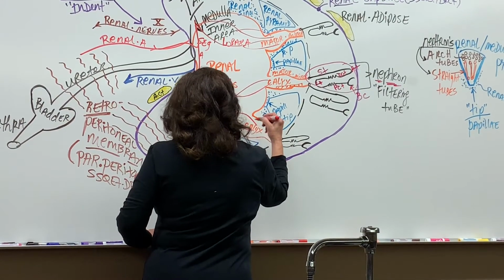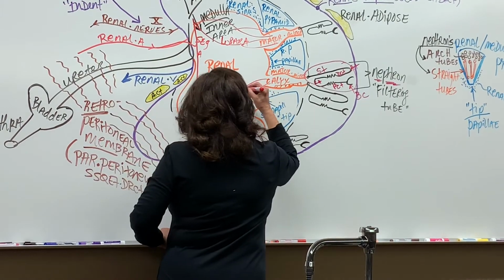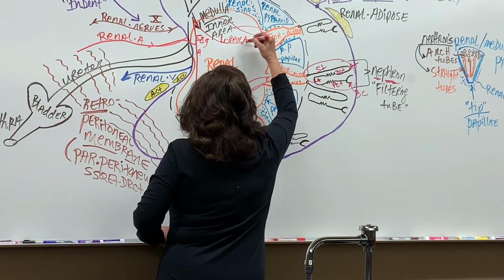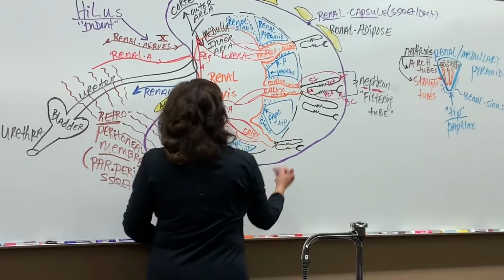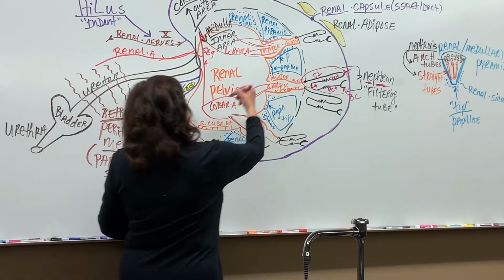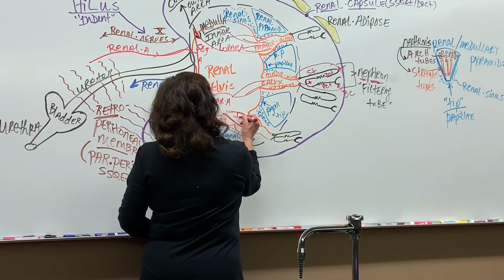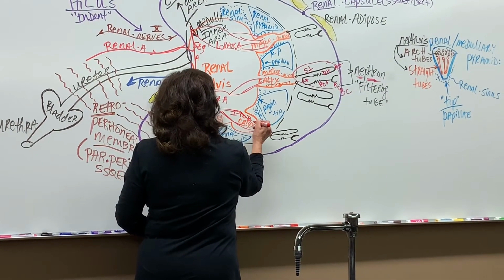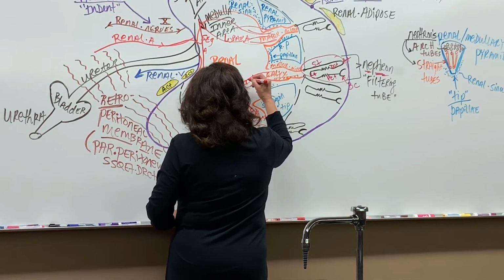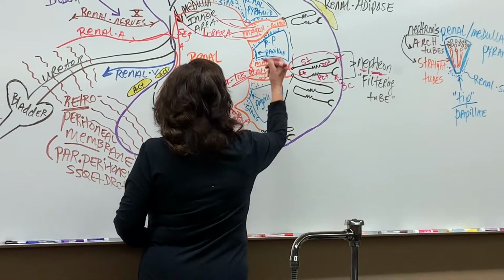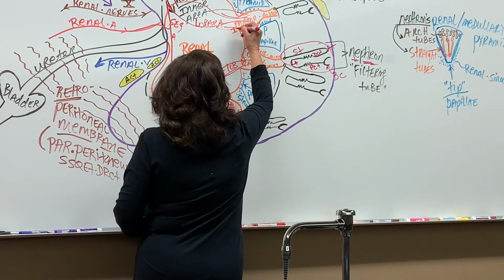And so these little ones going up the calyx, all the calyces, these are called the interlobar arteries, the interlobars.